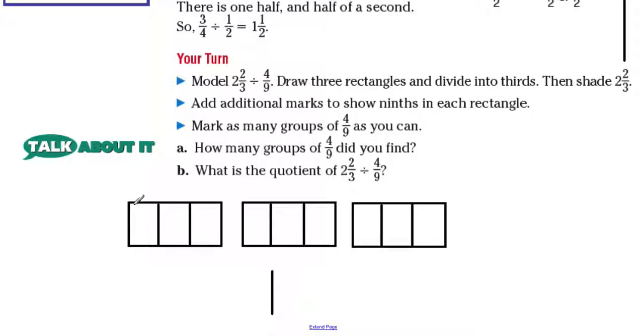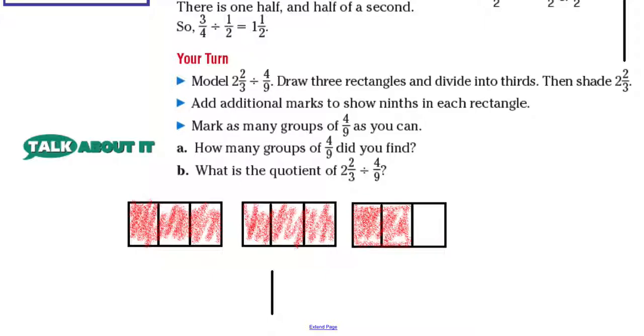If we're going to shade 2 and 2/3, this is how much we are going to shade: 1, 2, and 2/3 right here. So that is 2 and 2/3. Add additional marks to show ninths in each rectangle, because we are dividing by 4/9.